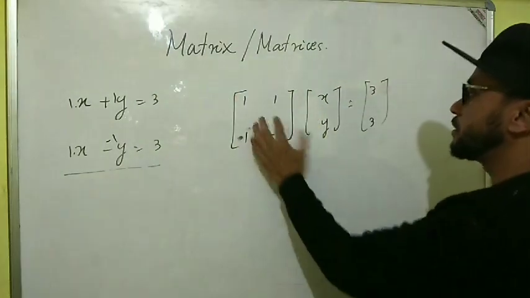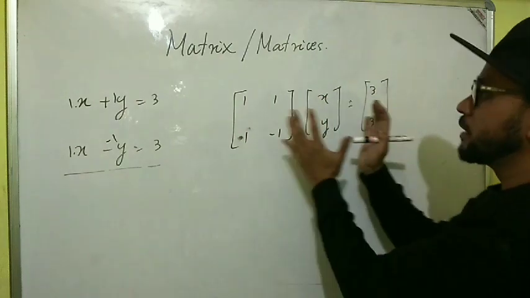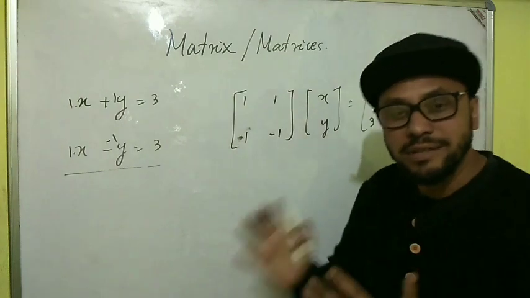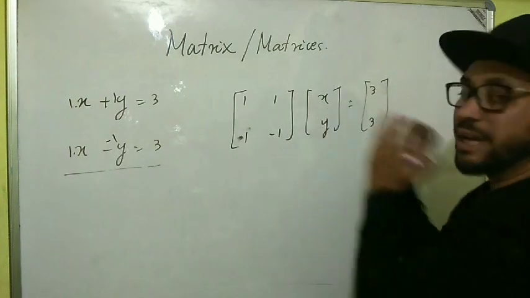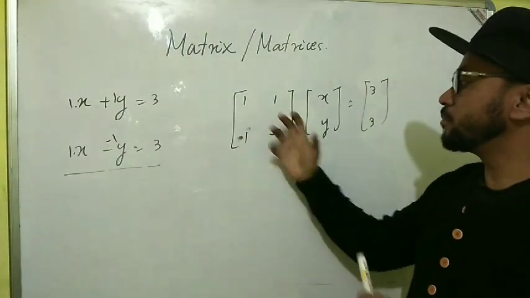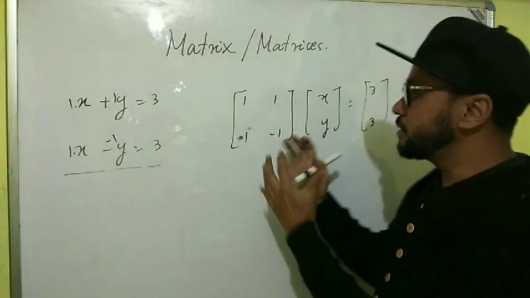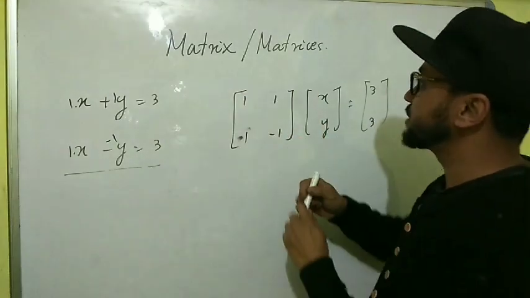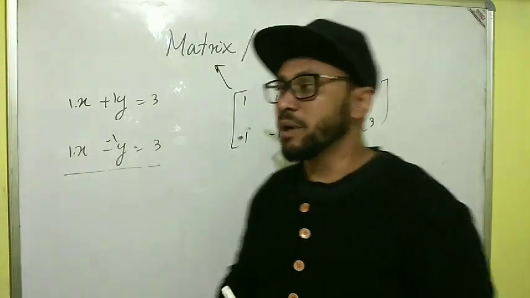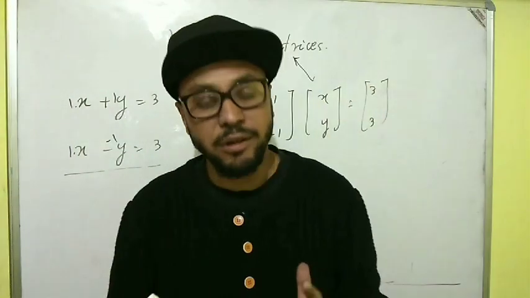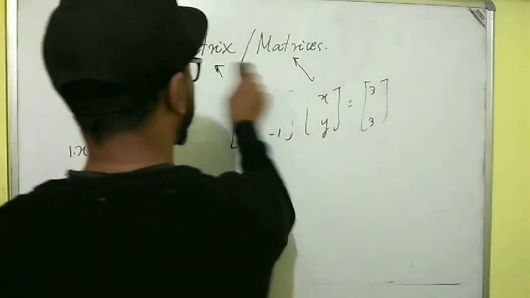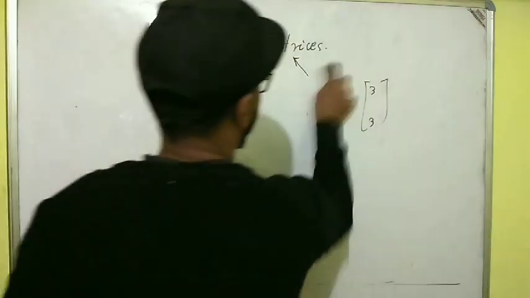Now, the numbers or variables we're finding, I've arranged them in a kind of box. An arrangement in which the numbers are arranged in a box is called a matrix. So a matrix is nothing but an arrangement of numbers in a kind of box.